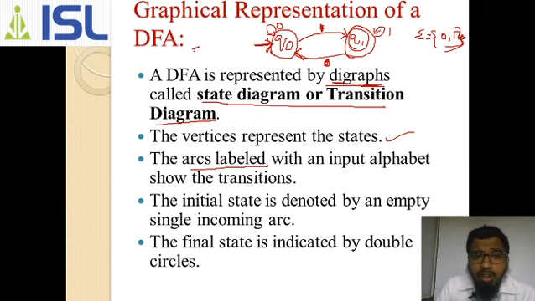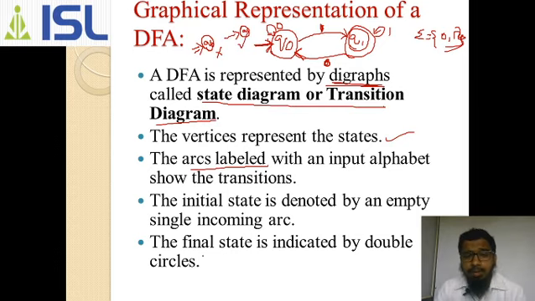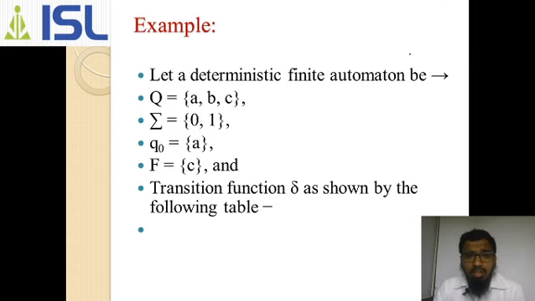You cannot give a double arrow into Q0; that is wrong. A single arrow is valid. The final state is indicated by a double circle. I hope you understand this. Fine, so we will take one example.